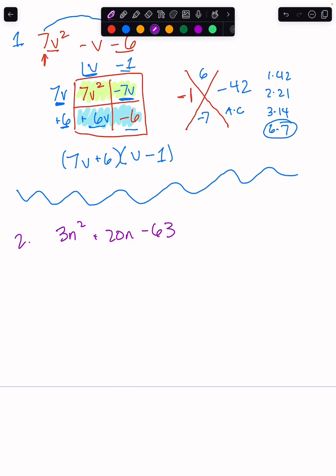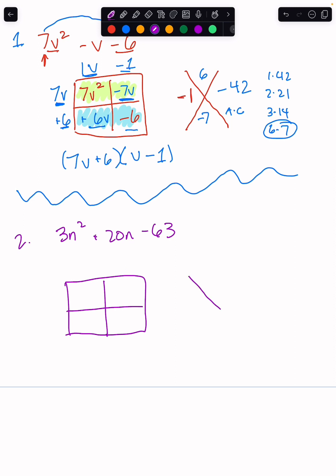Okay, so I'm going to do my box again down this way. Put my x over here. And then let's do some work. So remember my 3n squared still goes there, and my minus 63 is going to go here. My number 20 is going to go here.